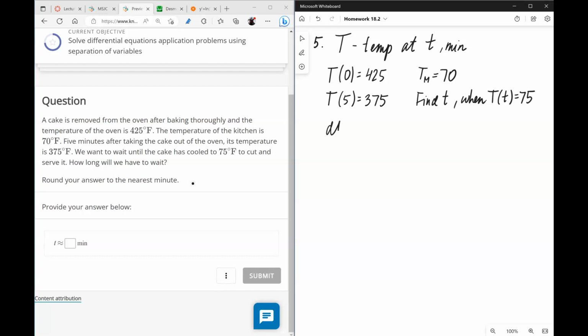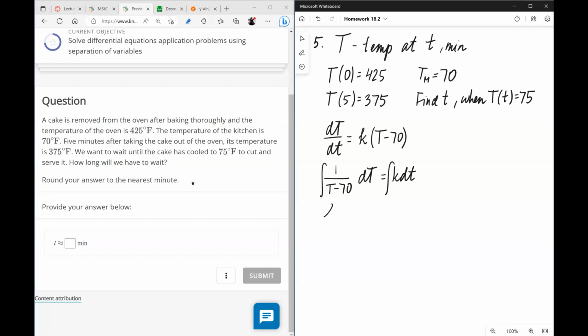So Newton's law of cooling: dT/dt is equal to k times (T minus 70). We have 1 over (T minus 70) dT is equal to k dt.